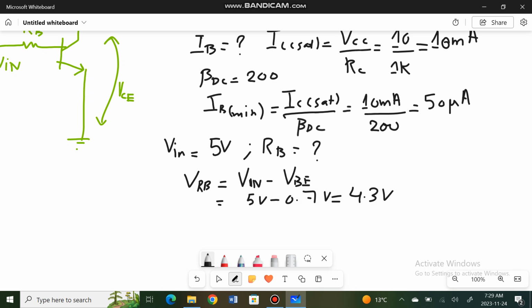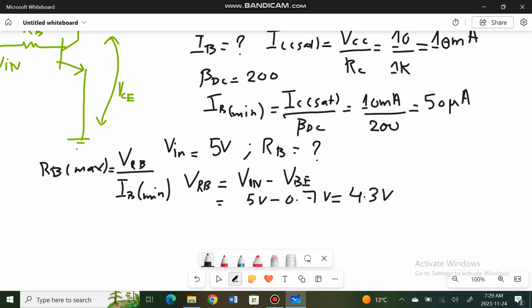And hence RB maximum will correspond to the minimum base current, and it can be found by using VRB divided by IB minimum.